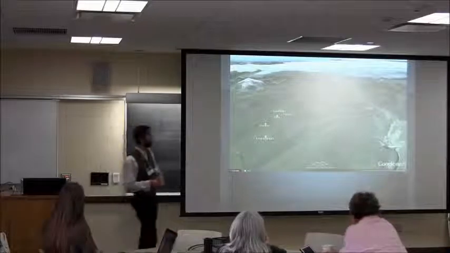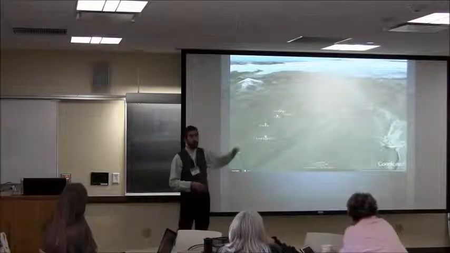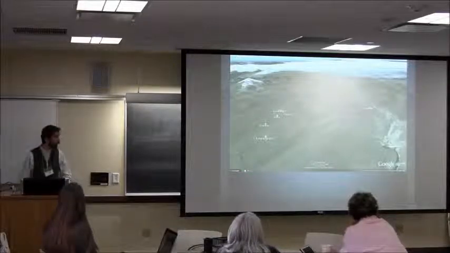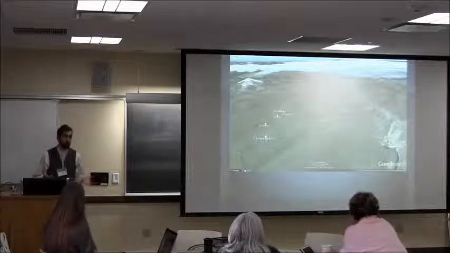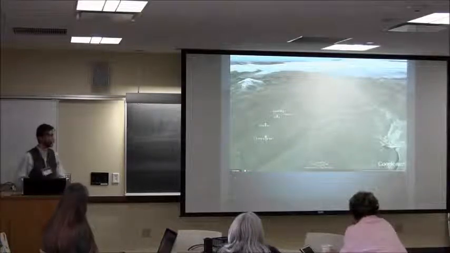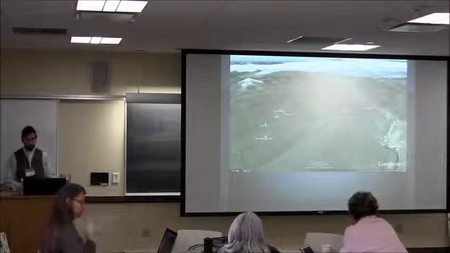That's why you see in a couple of spaces here a question mark beside a place where, even with the best research that I can do, I can't be 100% certain of where a place is, but I can be relatively certain enough to create a map to give people an impression of where characters are traveling in this landscape.